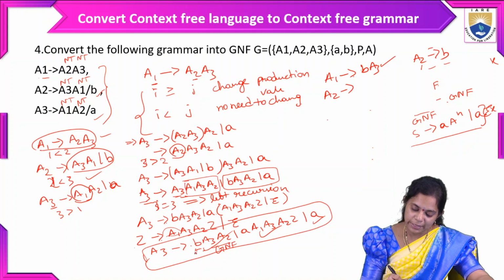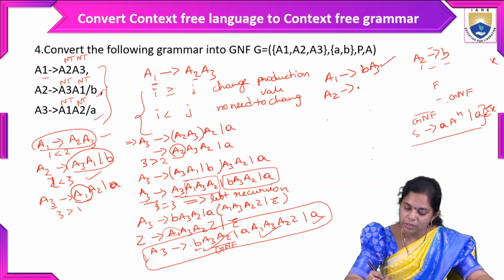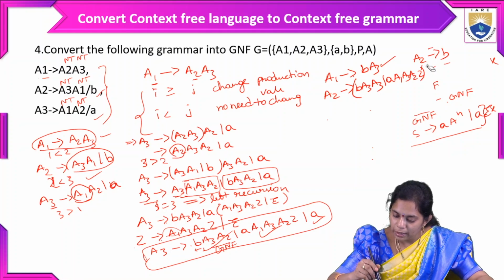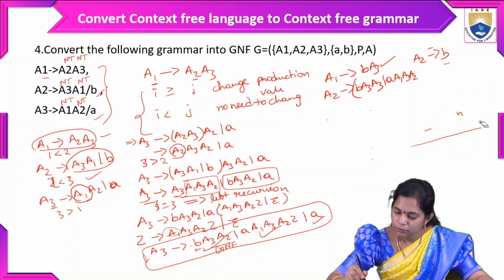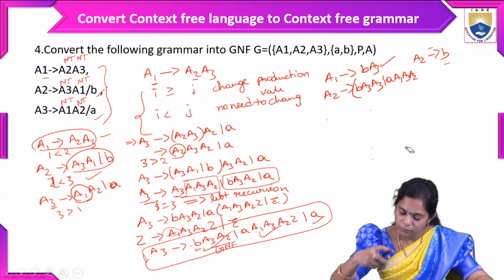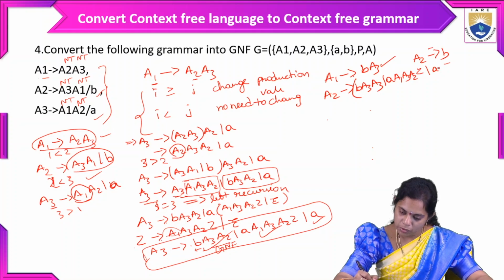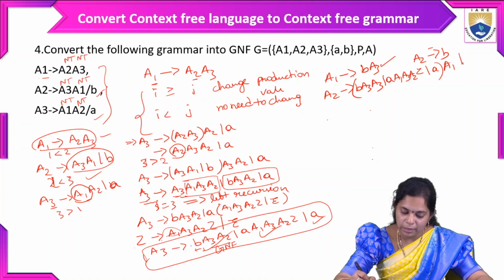So instead of this A3, we will write this equation: B A3 A2, and A1 A3 A2 Z, and Z and A. So this is the entire A3, and we have the value of A1 and B.